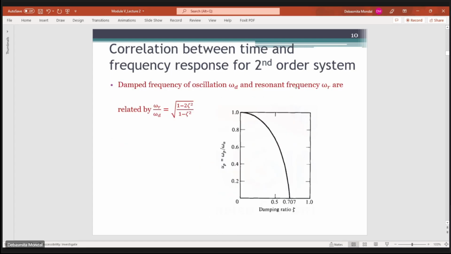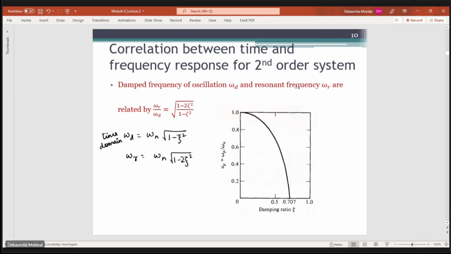Similarly, if you want to see the damped frequency of oscillation, ωd, and the resonant frequency, the damped frequency ωd is given by ωn square root of 1 minus zeta square, right? So this is in the time domain. And in the frequency domain, ωr is given by ωn square root of 1 minus 2 zeta square, right?